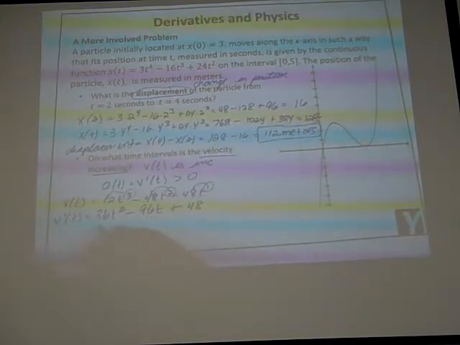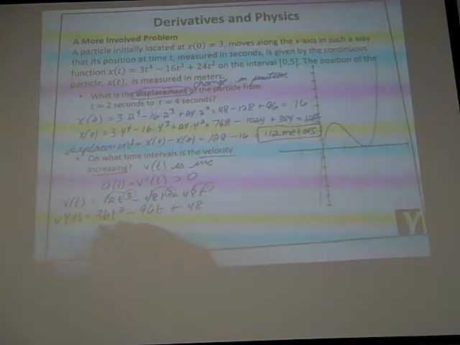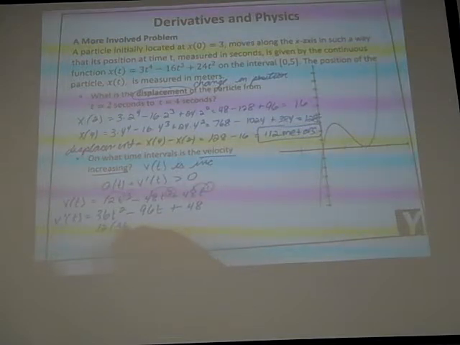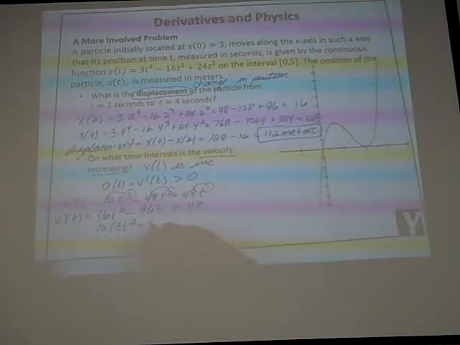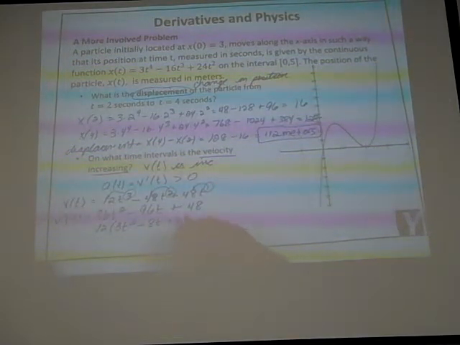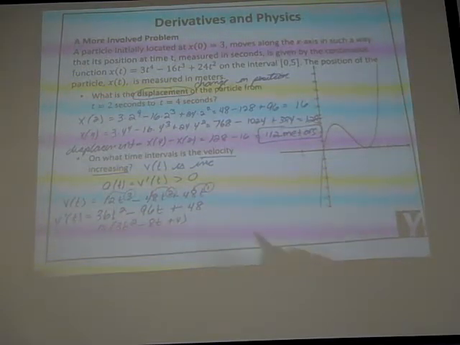All right, when I look at this, again, I see a common factor of 12. We get 3t squared minus 8t plus 4.